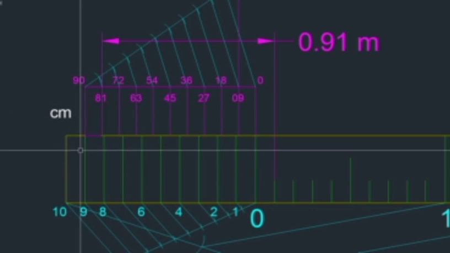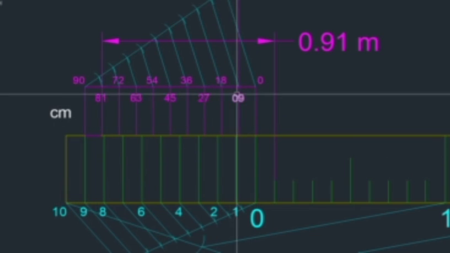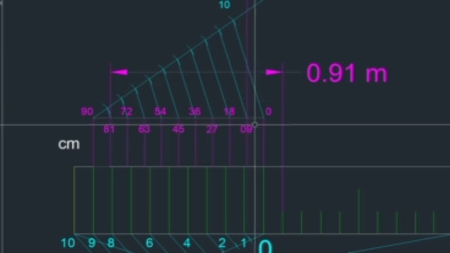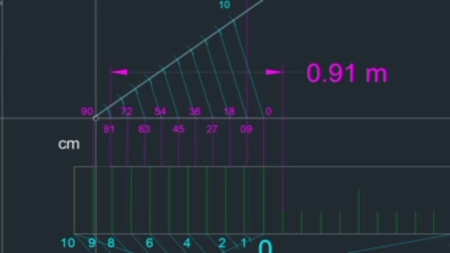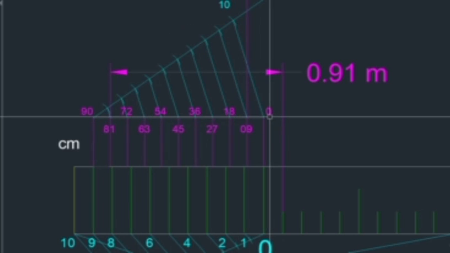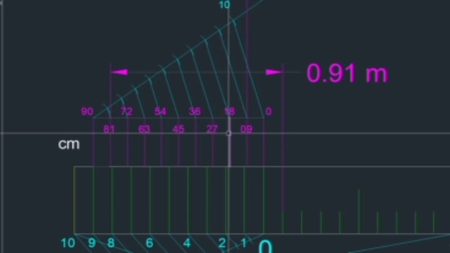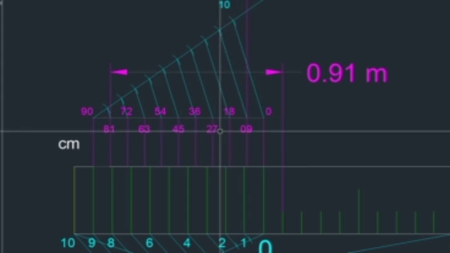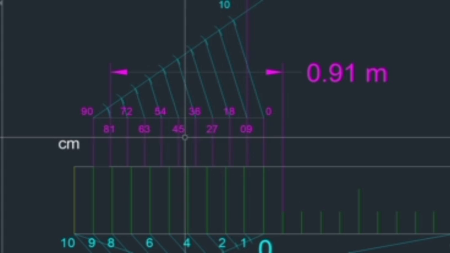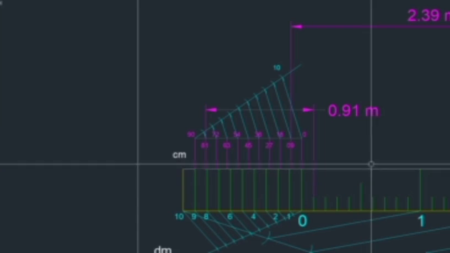Assume this is the one division I am subtracting now, and then I divided that into 10 equal parts, so the main scale is 90 divisions, that you divide by 10, means 0.9, that is 0.09, 0.18, 0.27, 0.36, 0.45, 0.54, 0.63, 0.72. Like this it is there.